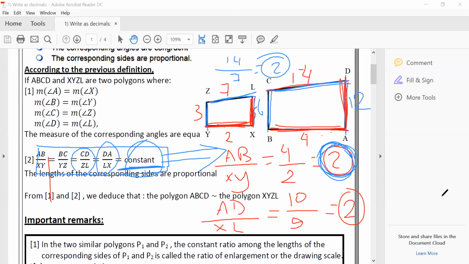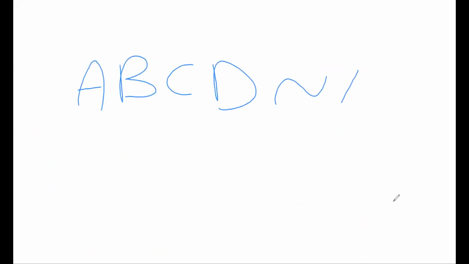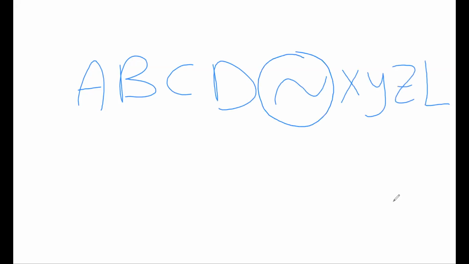How could I write similarity? If I want to write similarity, for example, I say ABCD similar to XYZL. This sign means similar, because not each time will I write similar to, S-I-M-I-L-A-R.